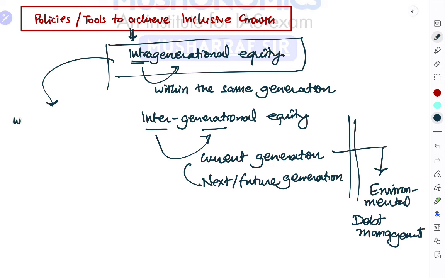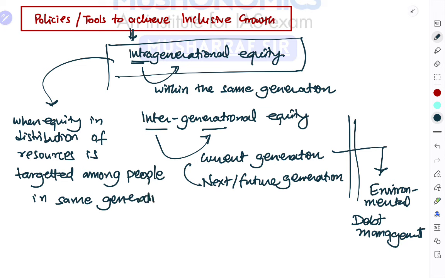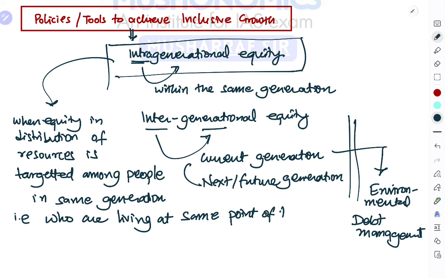Intragenerational equity means when equity in distribution of resources is targeted among people in the same generation, that is, people who are living at the same point of time.